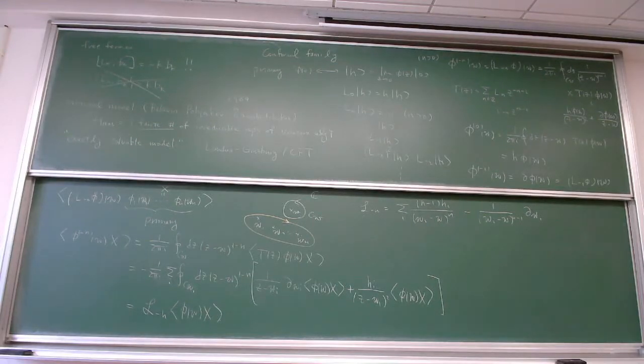It's the derivative with respect to z when you do this contour integral, since the order of the residue is different.